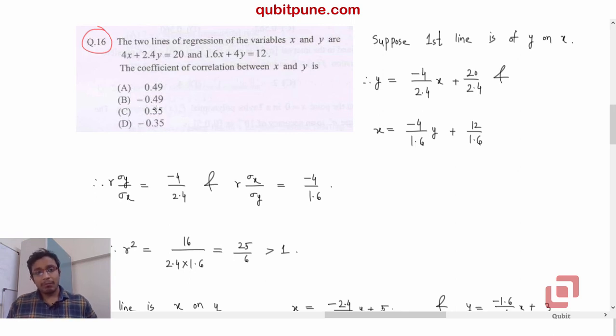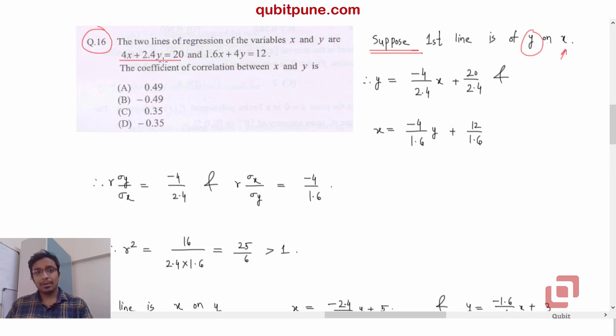Now, one very important thing you should note here is we don't know which one of them is of y on x and which one of them is of x on y. So we have to suppose that the first line that is given, 4x plus 2.4y equal to 20, is the regression line of y on x. That is to say that we will use this to predict y when x is given.